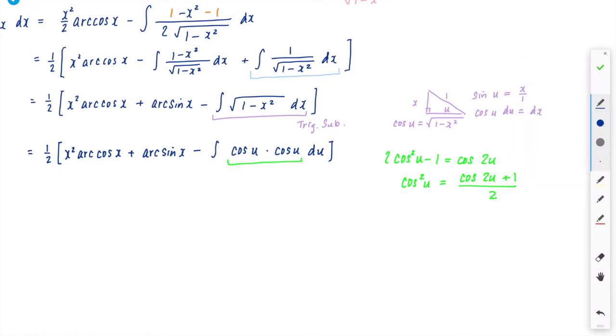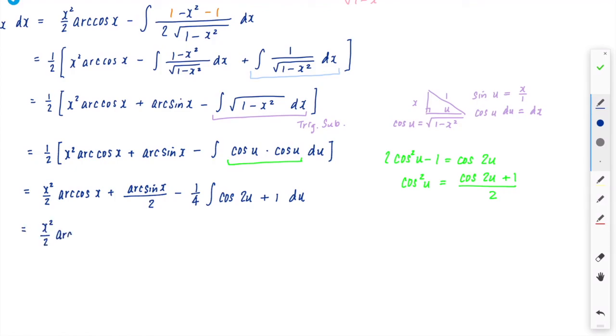Before I do that, let me write it out. I have x squared over 2 arc cos x plus arc sine x over 2. And then now minus 1/2 times 1/2, so 1/4, the integral of cosine 2u plus 1 du. This is doable.